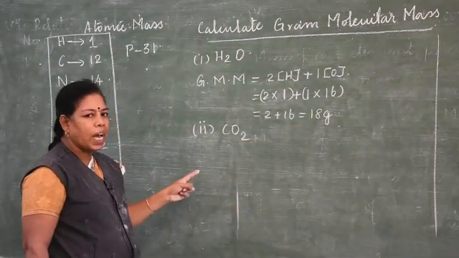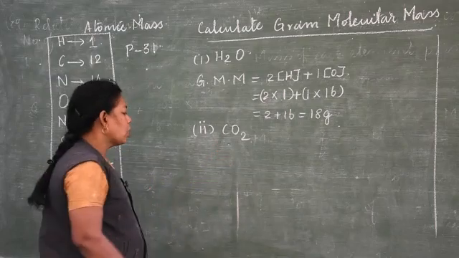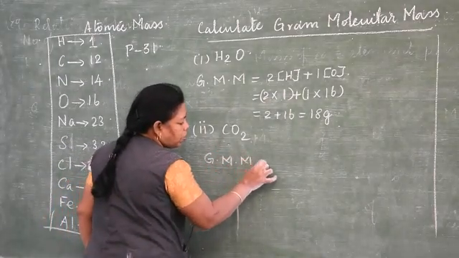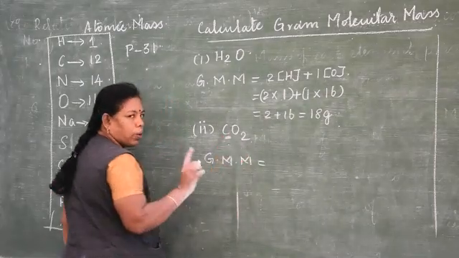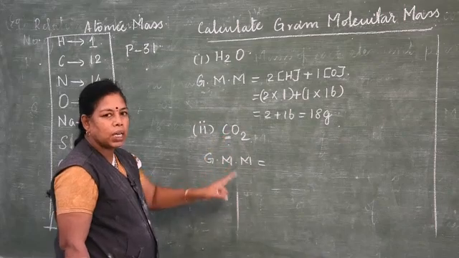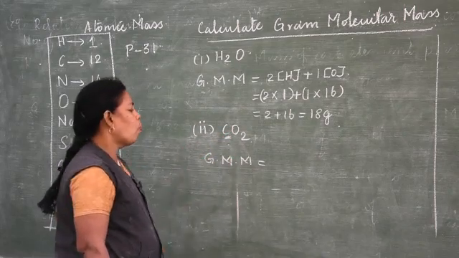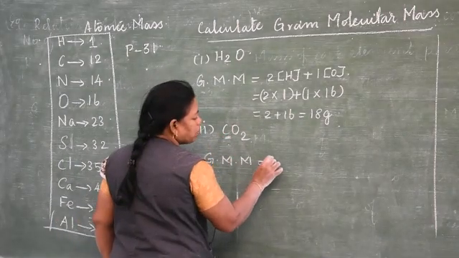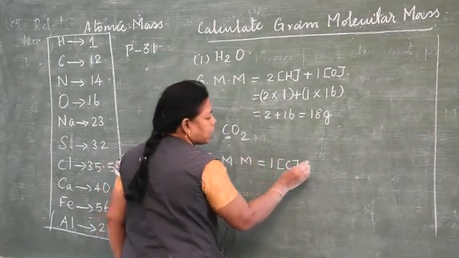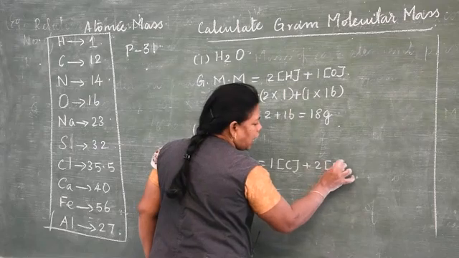Now we are going to calculate the gram molecular mass of carbon dioxide. How many carbon atoms are there? 1. Already I told, if no number is mentioned, it is understood that there will be 1. Therefore 1 carbon atom plus how many oxygen atoms? 2 oxygen atoms.